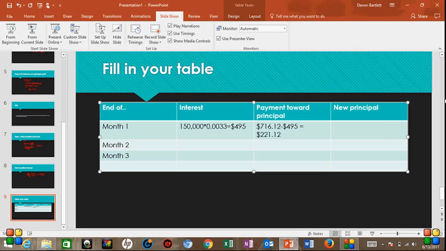So your new principal then would be your $150,000 subtract that from your $221.12. And that would give you a total of $149,778.88.